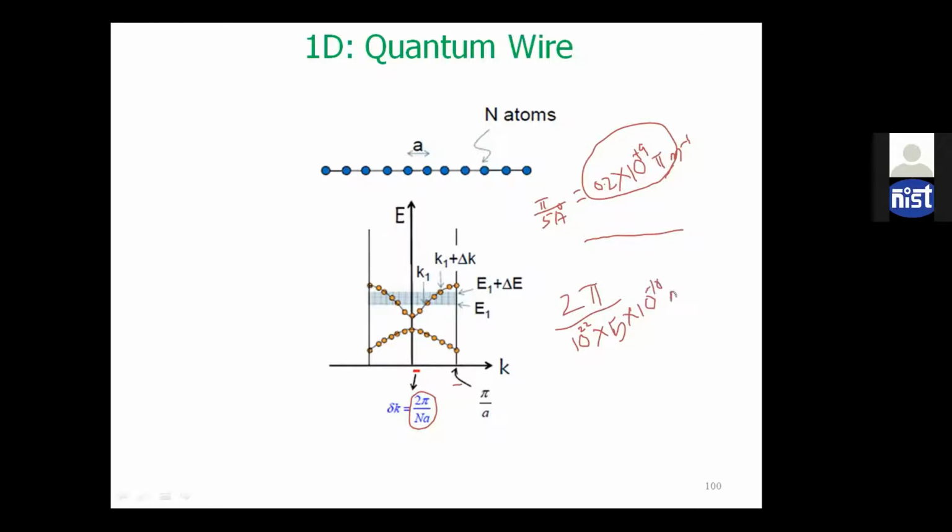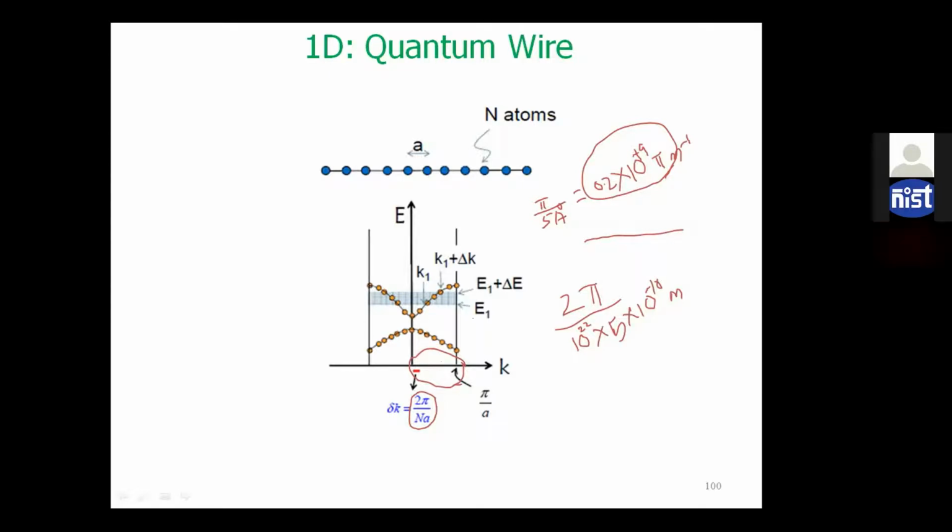So between 0 and pi by a in the Brillouin zone, you get many k values, and the spacing is very, very close.